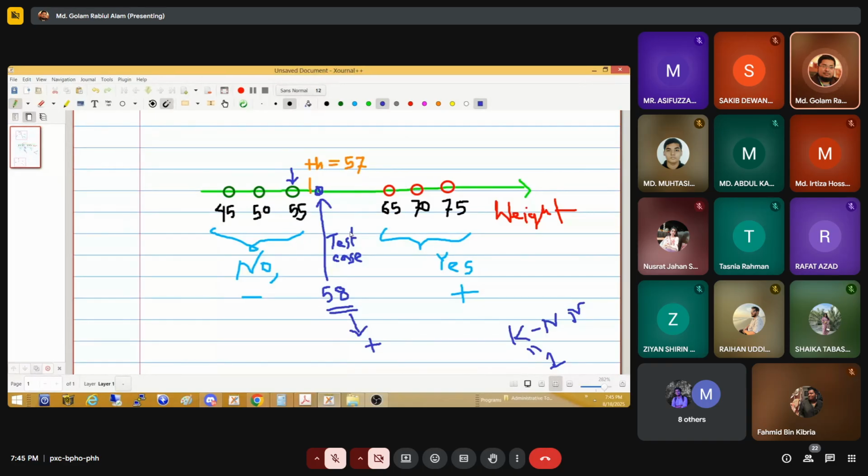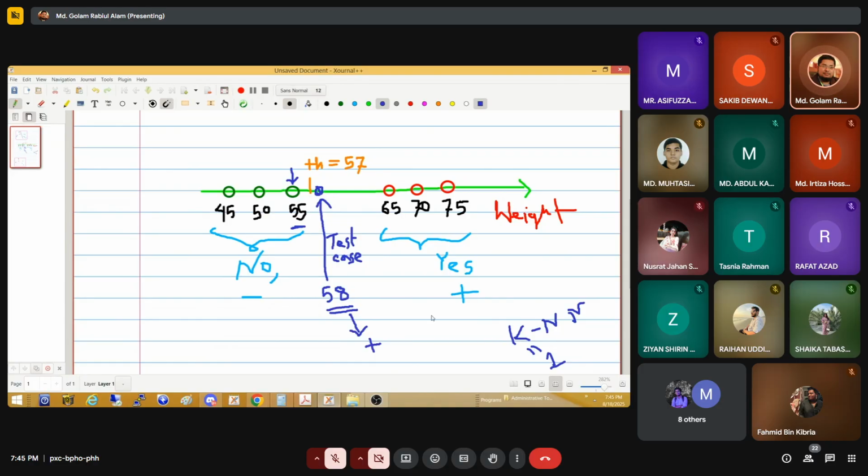Then it will try to explain that the test case here is positive, and the class level of the nearest people is negative actually. These people have no obesity, but this person has obesity.